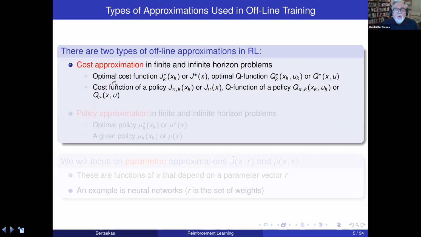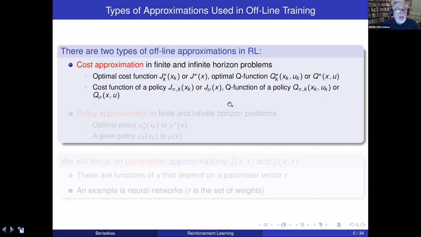In particular, in a finite horizon setting, we may want to approximate the optimal cost function at stage k, or the optimal Q function at stage k. In the case of an infinite horizon, there's no dependence of the optimal cost on the stage k, so there's only one function, the optimal cost function, to approximate, and we may be interested in approximating that, or the corresponding Q function.